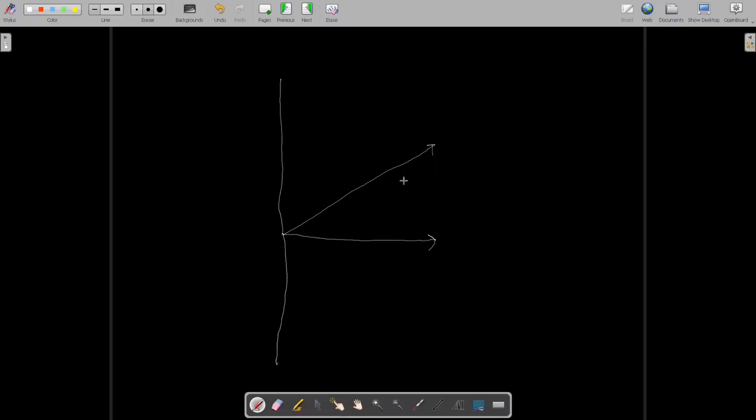This is the Cartesian part, x, y, and z. Now suppose I have my tiny surface somewhere here, from the origin here.